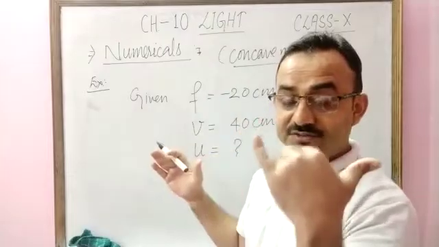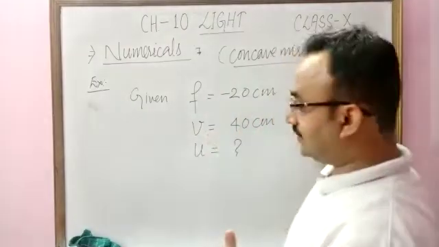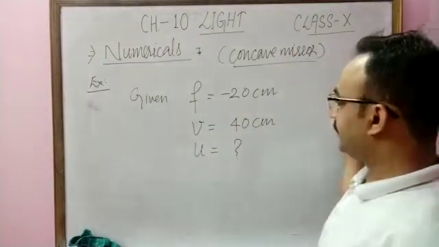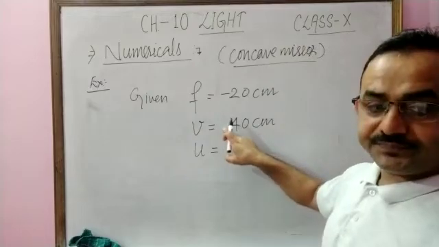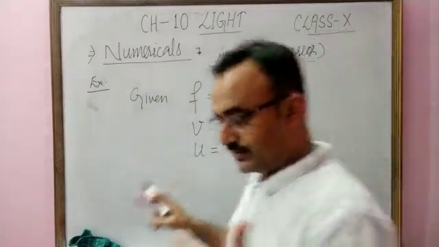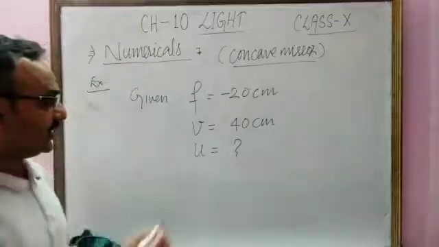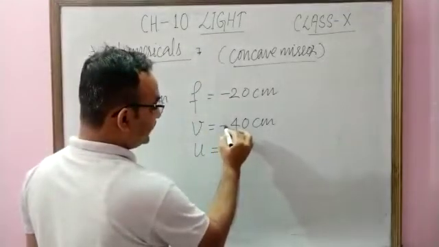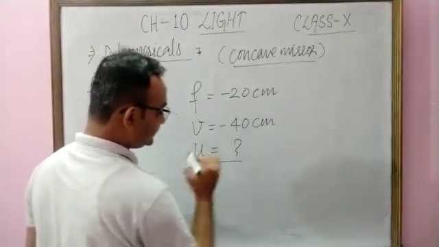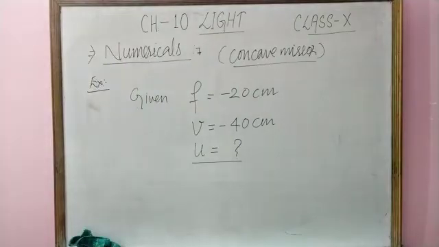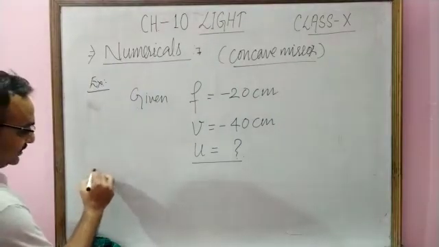If the case was of a virtual image, then definitely it would be positive, but the question is clear, real image, so it will be negative. Now you have to find the position of object.